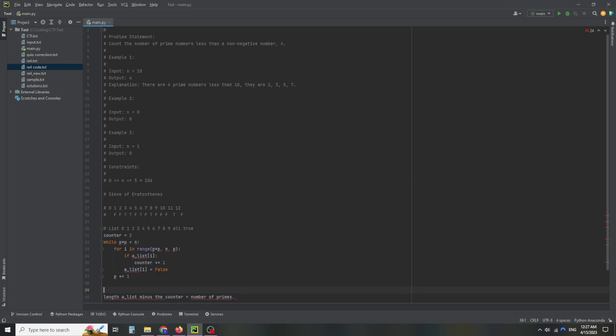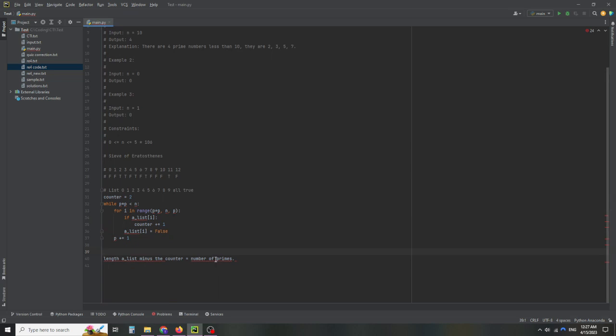I can just find all the non-primes, count all the falses, and then subtract from the length of the entire list, which I believe is way better than having an entire for loop. And that's essentially what this does. That's how the sieve works, and apparently it's the most efficient way.